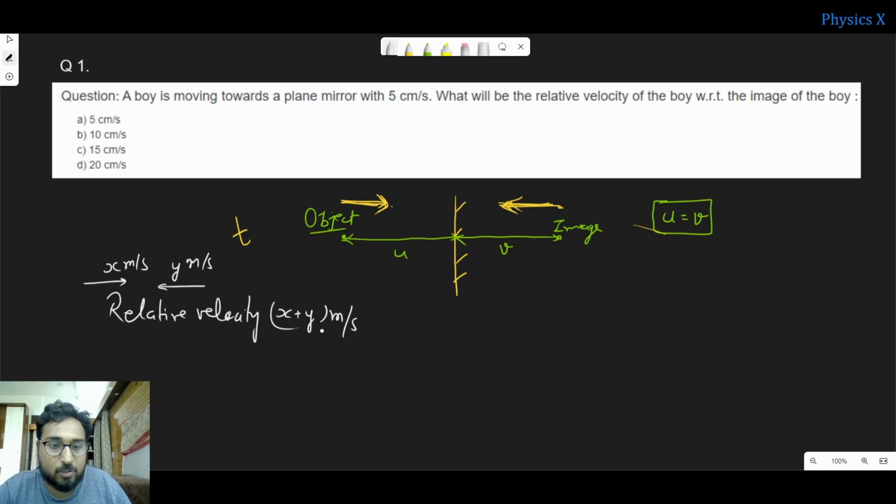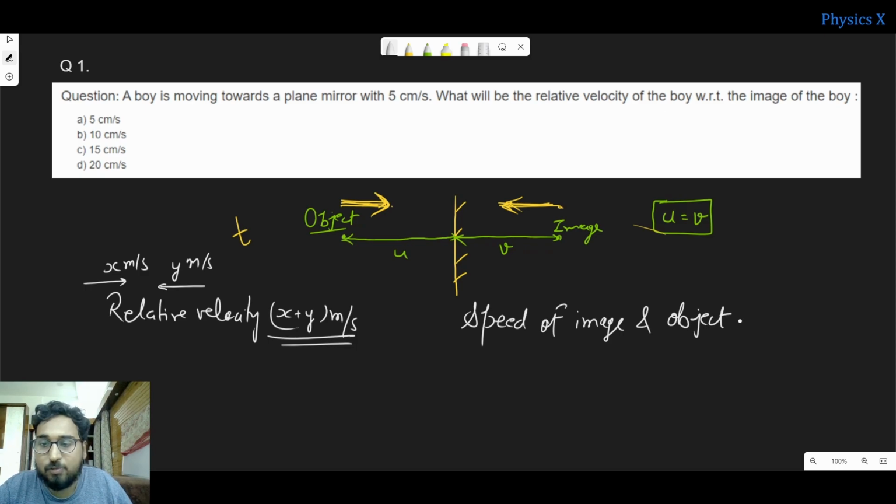In this case also, the object and image are approaching each other. And what will be the speed? The speed of image and object will both be the same.